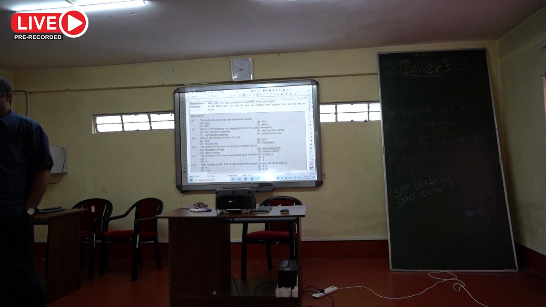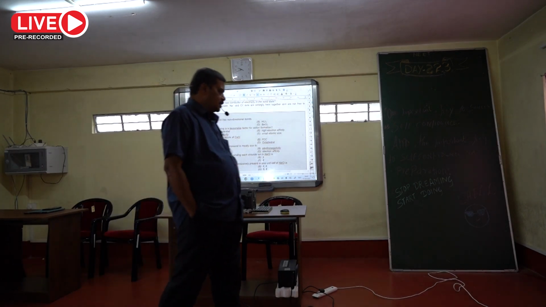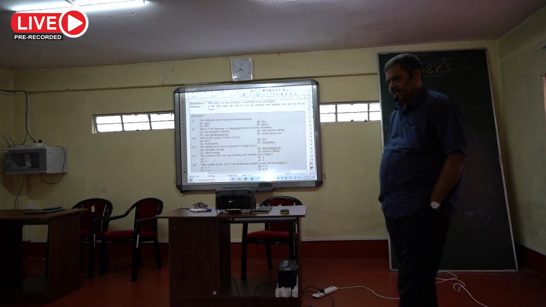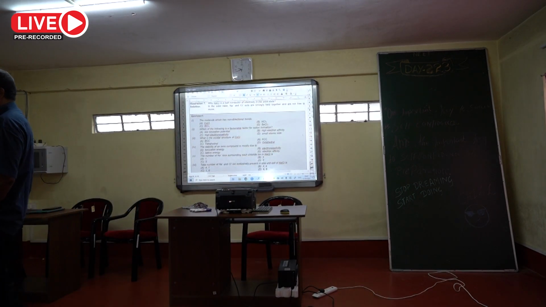NaCl has FCC lattice, in which the coordination number of Na plus and Cl minus is 8, 8.